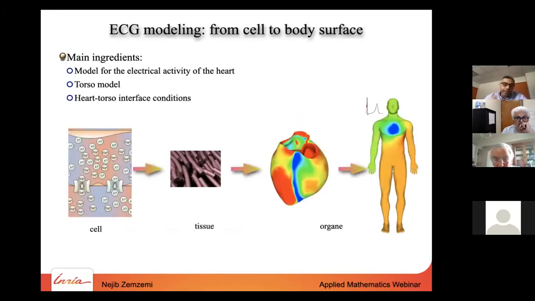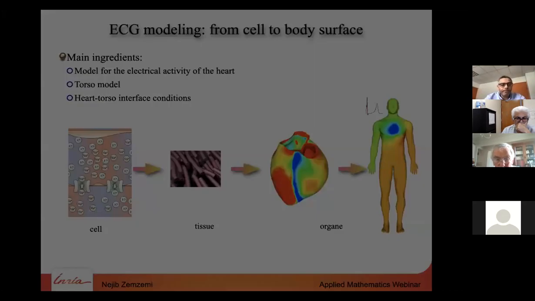So there are three main ingredients in order to make the electrocardiography, the electrophysiology from the cell membrane to the body surface. There are the models at the cellular level, where you will look at the membrane.